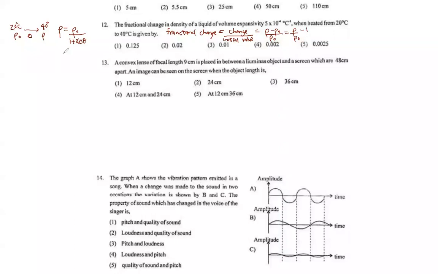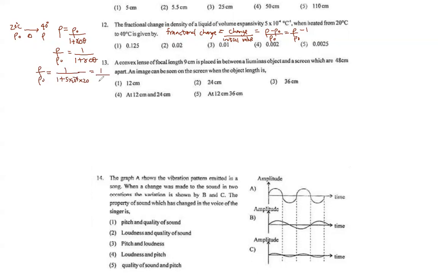So from this, we can find rho over rho naught, that is 1 over 1 plus gamma delta theta. So rho over rho naught is equal to 1 over 1 plus, what is gamma? 5 into 10 to the power minus 4. And what is delta theta? Delta theta is 20.